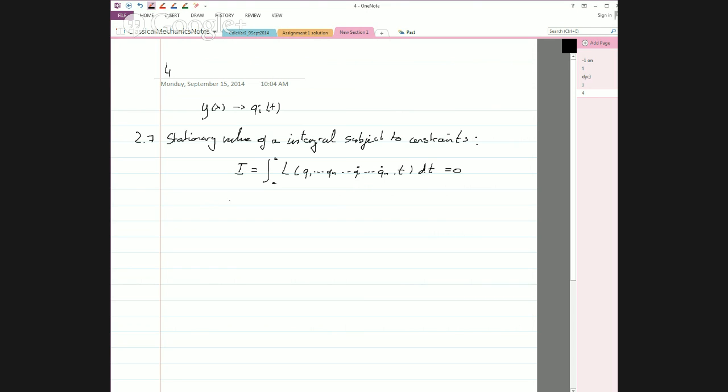And the constraint equations we'll write as we did before. We'll have some function of the qi's, the coordinates, and we'll have k such equations.